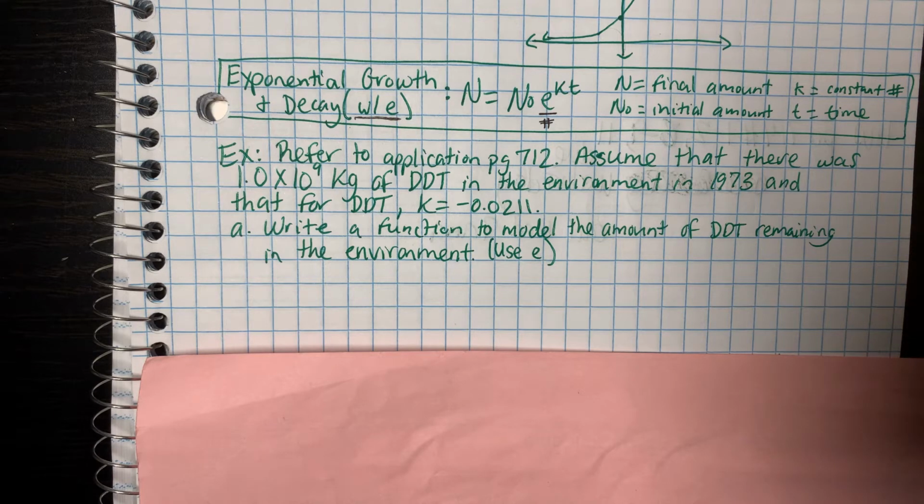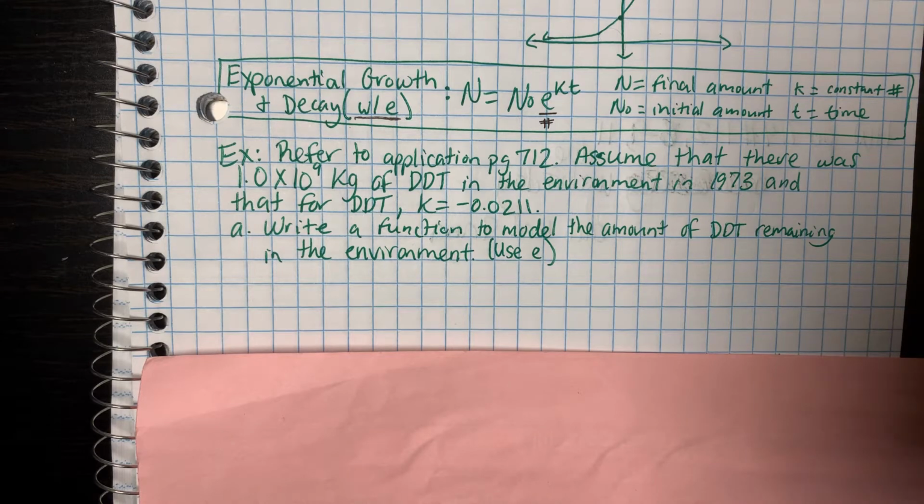It was later discovered that DDT presented a risk to humans. Effective January 1st, 1973, the United States Environmental Protection Agency banned all uses of DDT. More than 1.0 times 10 to the 10 kilograms of DDT had been used in the U.S. before that ban. How much will remain in the environment in 2010?